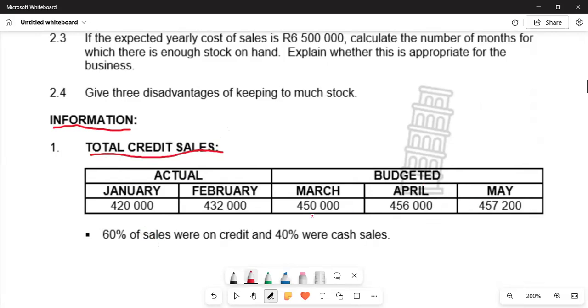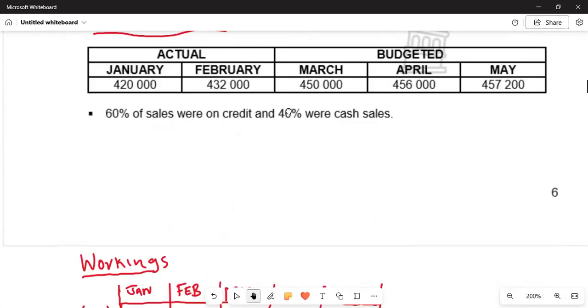So what we don't know is the amount for cash sales. But for credit sales, it's already calculated, as it says, 60% of sales were on credit. So that is that. So let's move on.